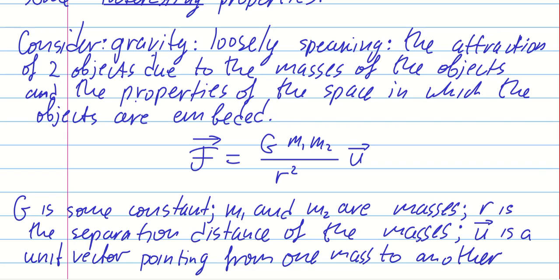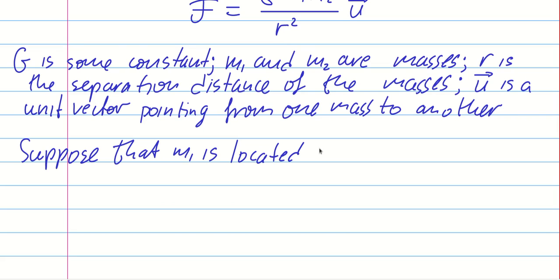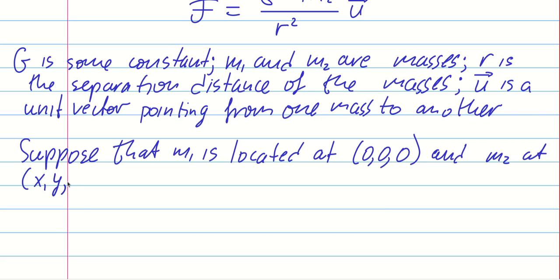Right. So suppose we create a system of coordinates. Suppose that M1 is located at the origin, so 0, 0, and 0, and M2 at x, y, and z.